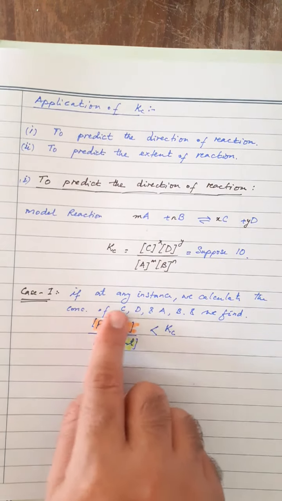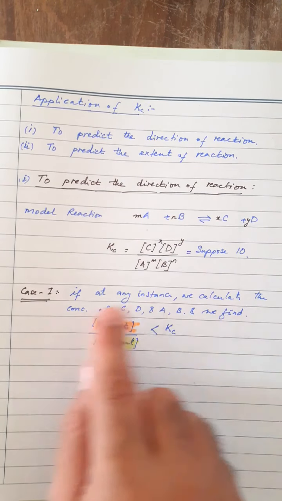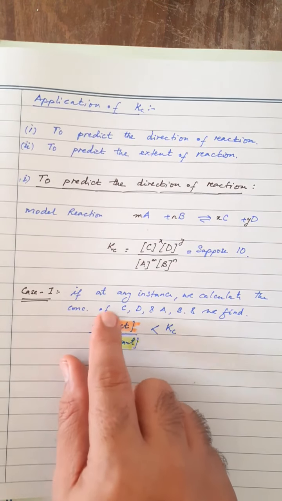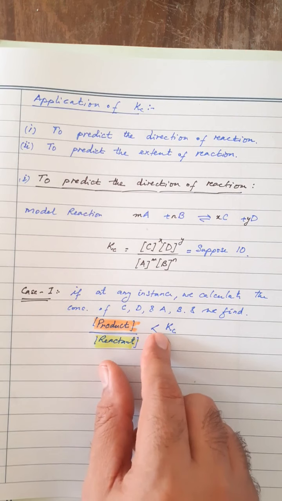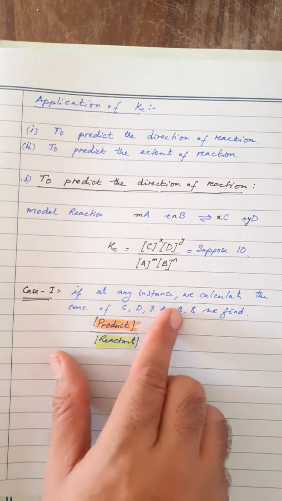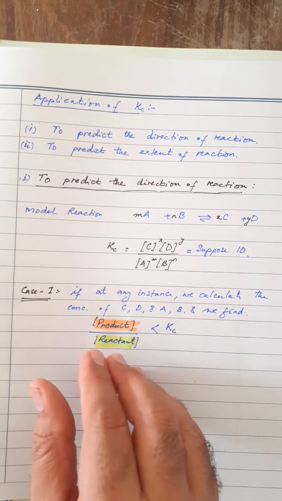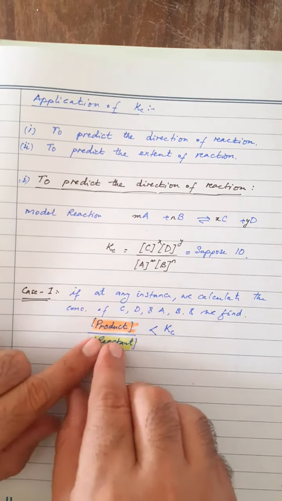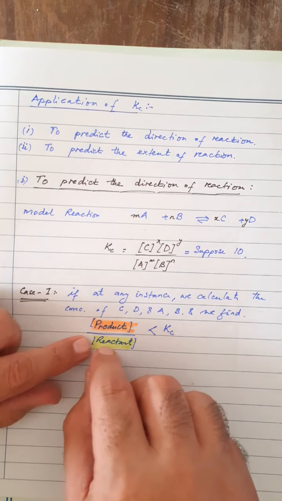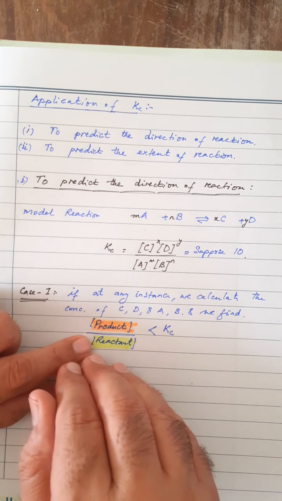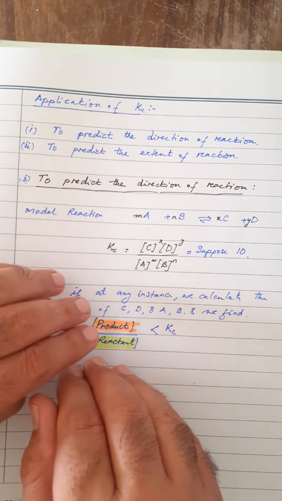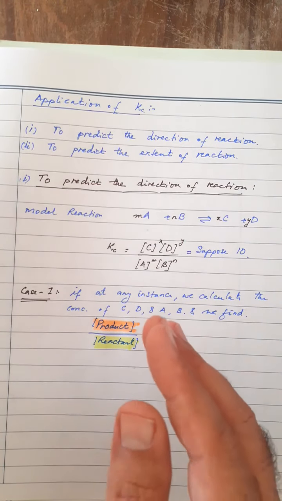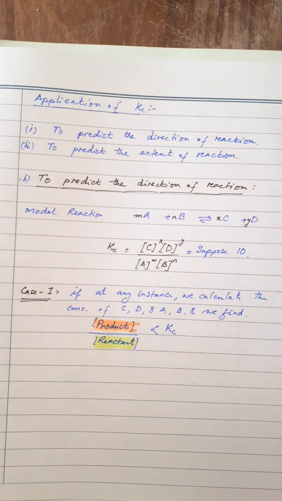At any stage you calculate the concentrations of A, B, C, D, divide them, and find the answer is less than Kc. Now if the ratio has to reach Kc, from 4 to 5, 6, 7, 8, 9, then 10, the denominator must decrease and the numerator must increase, which means the reaction will continue to go in the forward direction.